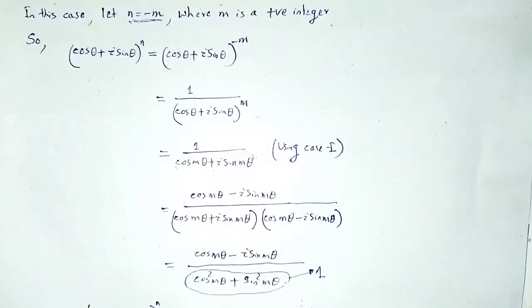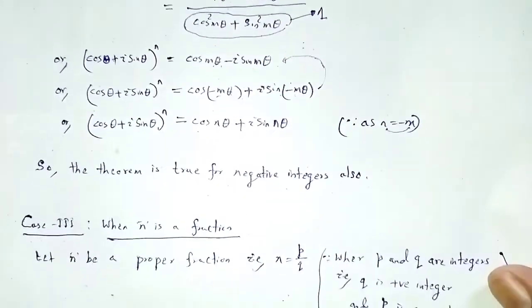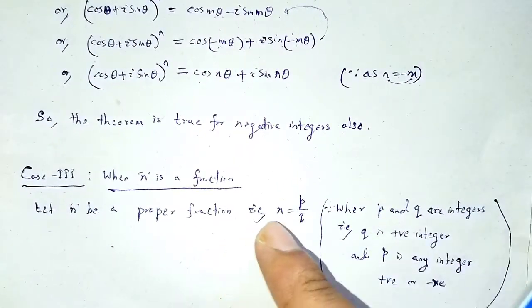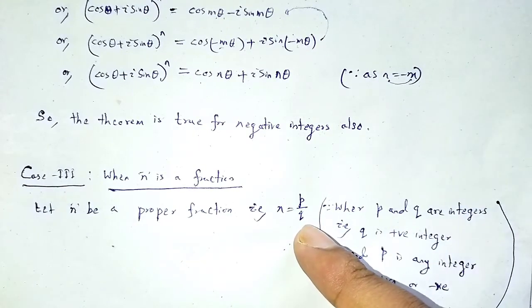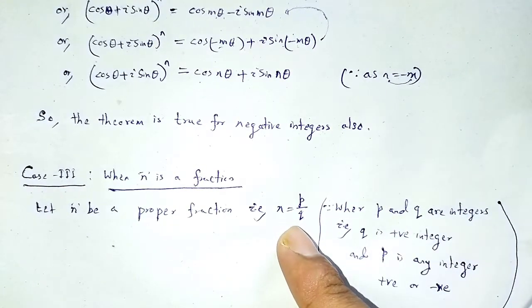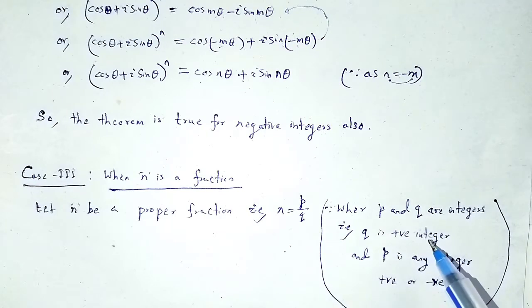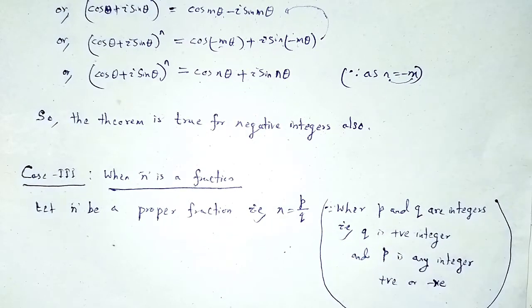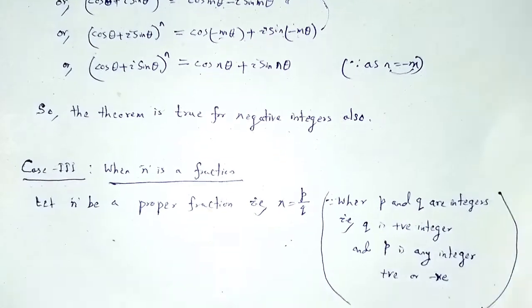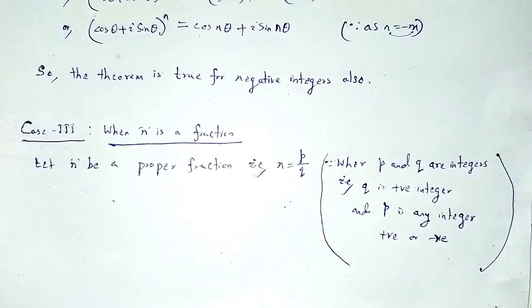Next case, when n is a fraction. Let me take n as a proper fraction in the form of p by q, where p and q both are integers, q is a positive integer and p is any integer, positive or negative. Now we can prove it.